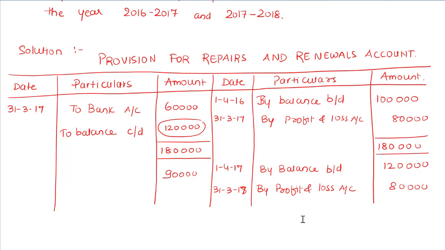Annual repair charges is 90,000. So to bank account, annual repair charges 90,000, 31st March 2018.